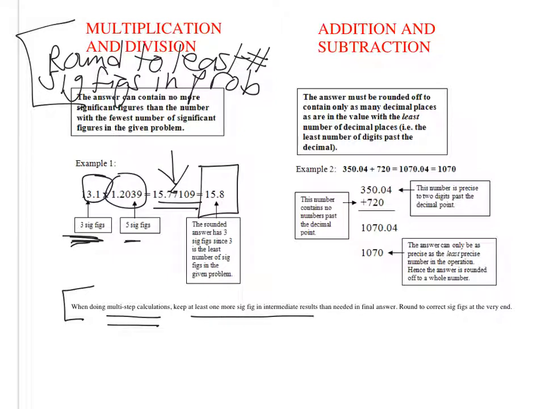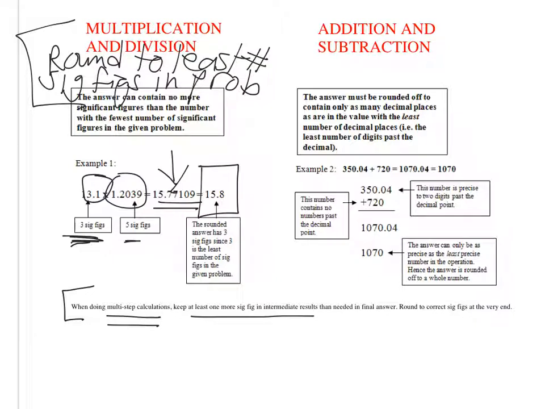So what I have listed here is keep at least 1 more sig fig in your intermediate results. So in other words, if you stop and actually write it down, add more sig figs at that point, and then round at the very end is usually a better way to do it. I like to just keep as much as I can in my calculator and write it down once.